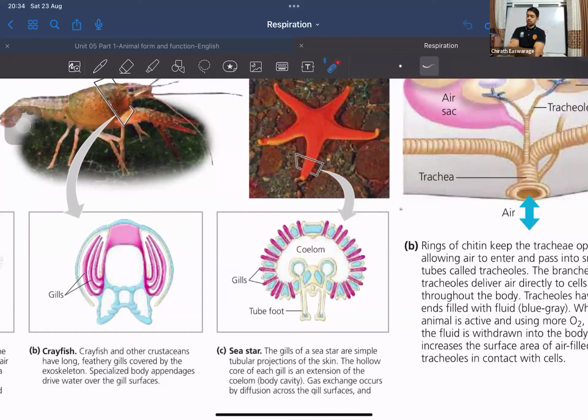What is their unique feature? They have a water vascular system, and through that water vascular system they have structures called tube feet. Tube feet are involved in gas exchange, right?